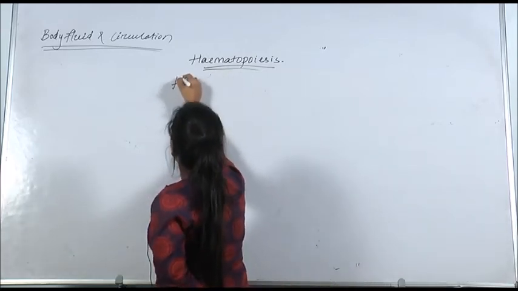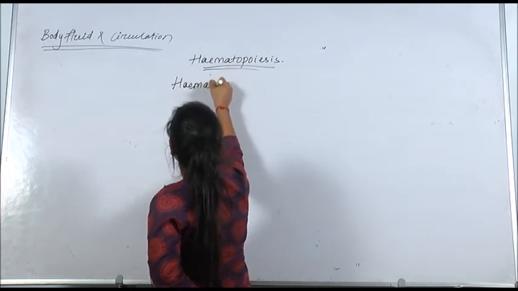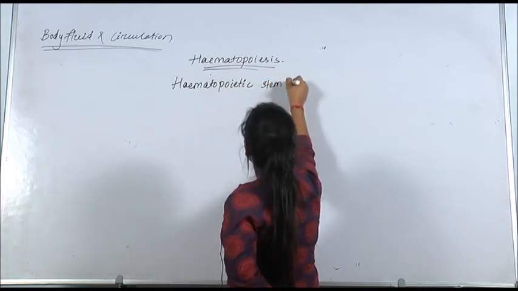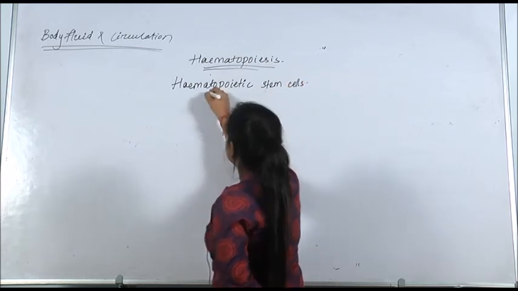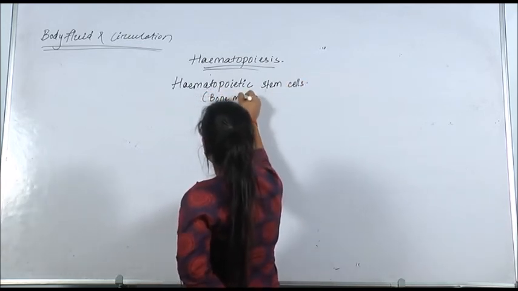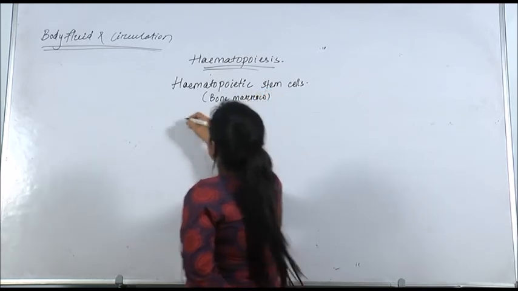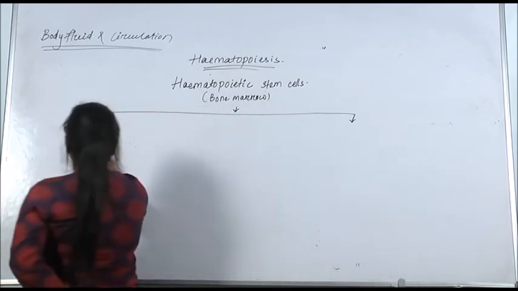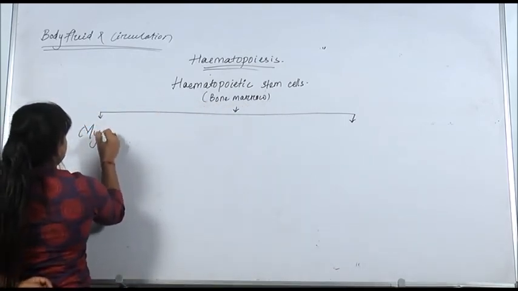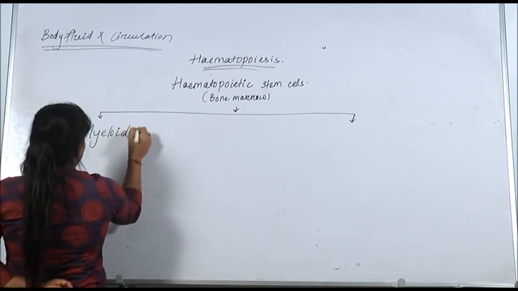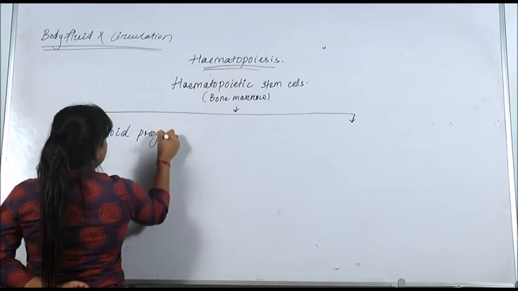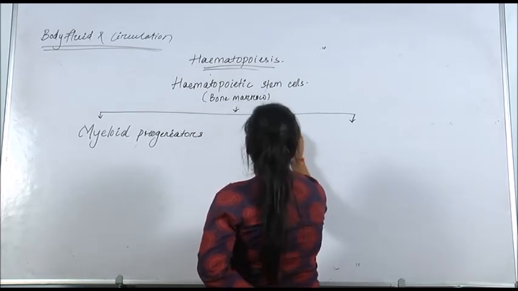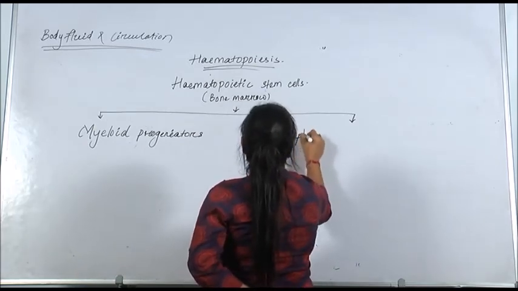Hematopoiesis takes place from the hematopoietic stem cells, which are present inside the bone marrow. They form two different kinds of progenitor cells. One is myeloid progenitor and second is lymphoid progenitor.